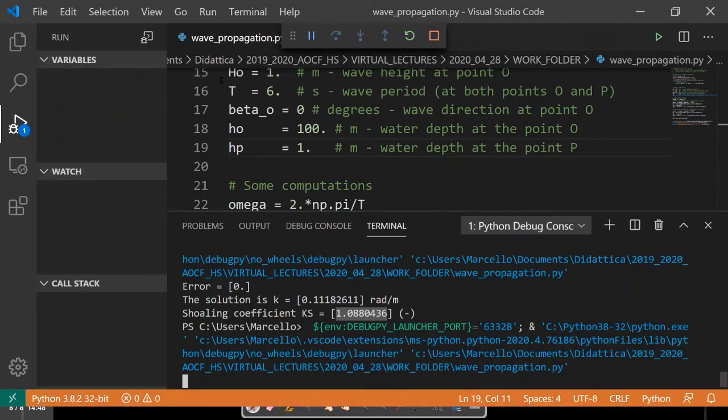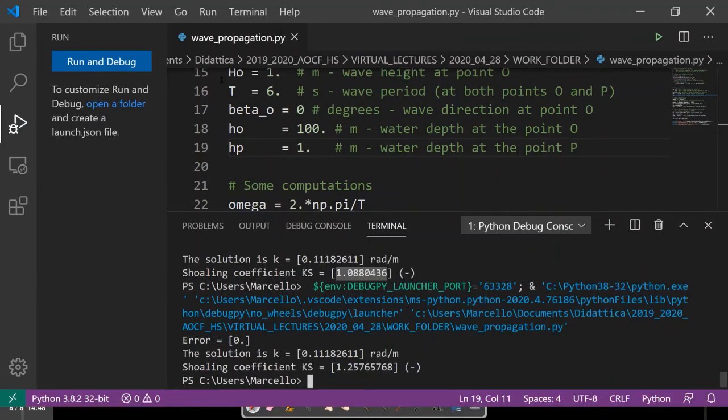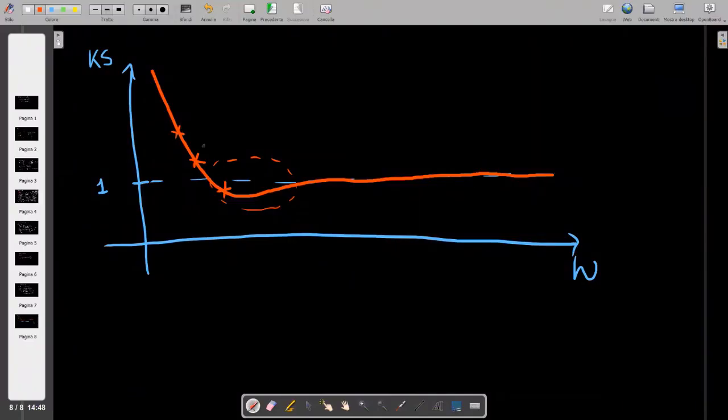So we can run again the script, and as you can realize, the Ks is increased again. So we are here.